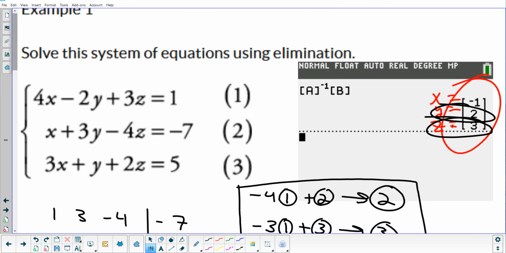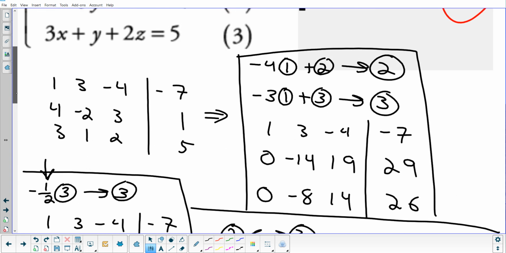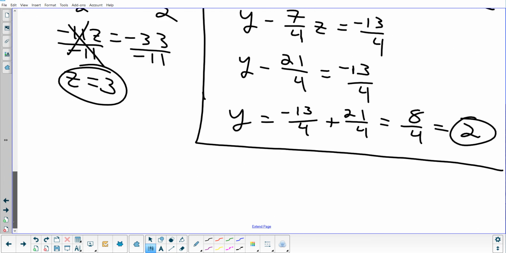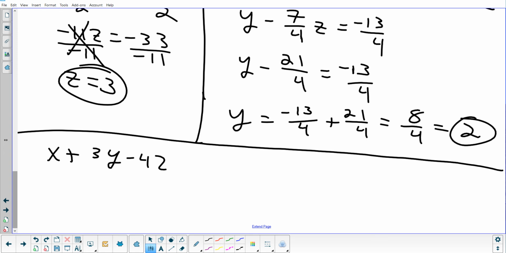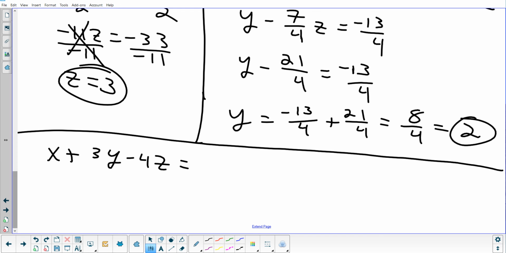Yep. And to get x, we're going to just plug it back into the top one. So x plus 3y minus 4z equals, what was the top one? Negative 7.